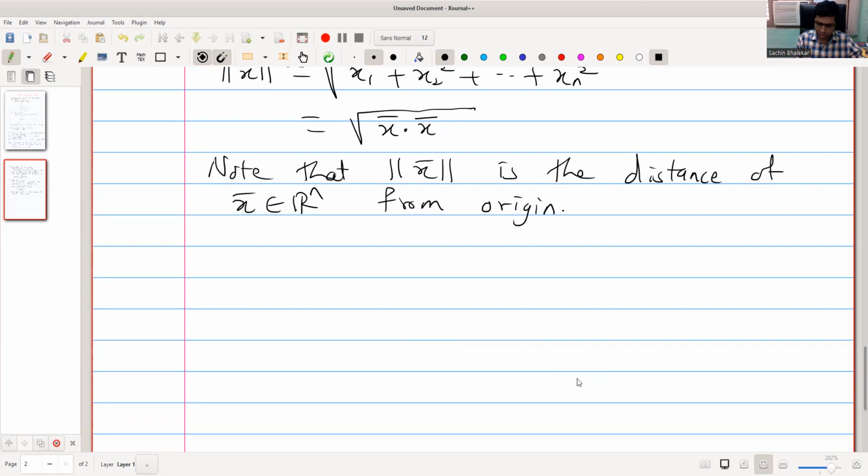Next, we define the Jacobian matrix of a function. So here, for simplicity, we may consider R2 or R3.